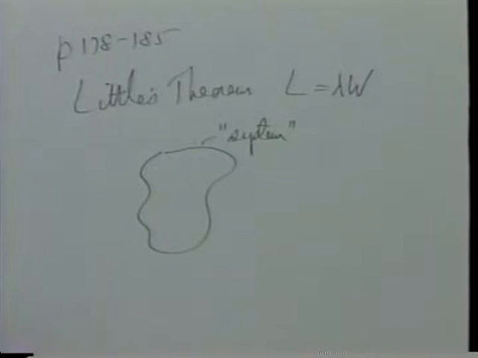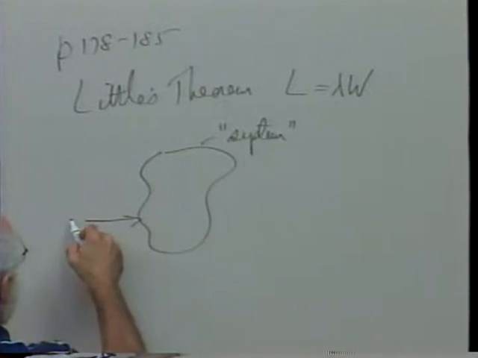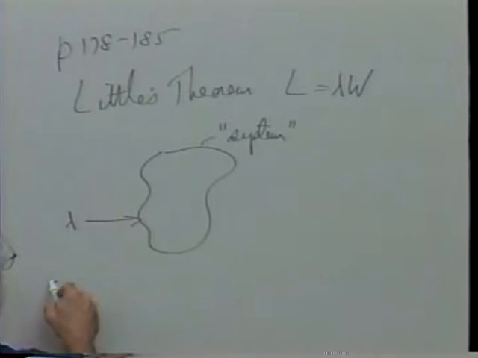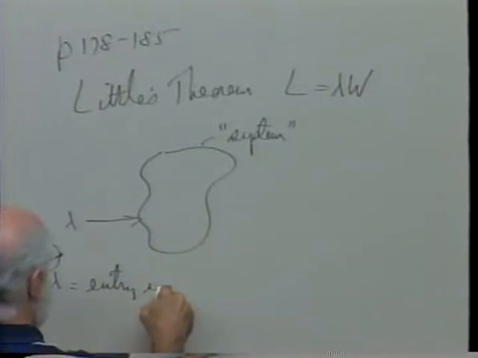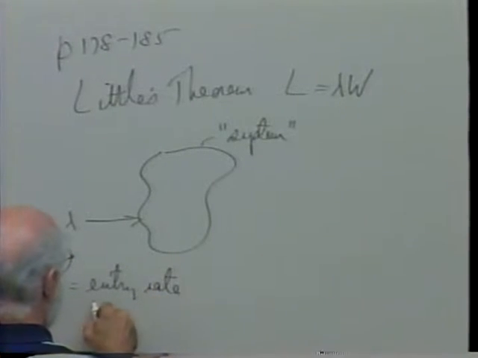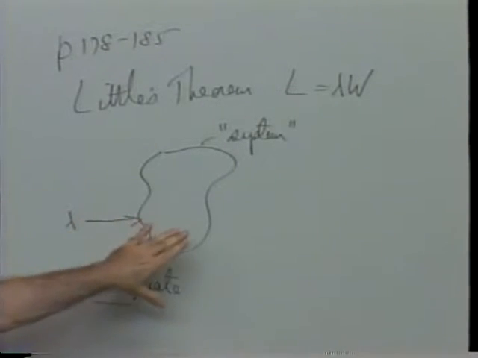So I have a system, and I have customers that arrive to the system, and they enter at rate lambda. So lambda is equal to the entry rate. Previously, we've used lambda to be arrival rate. But in Little's theorem, it's just grown up this way, that lambda is the rate at which the customers arrive and enter the system.